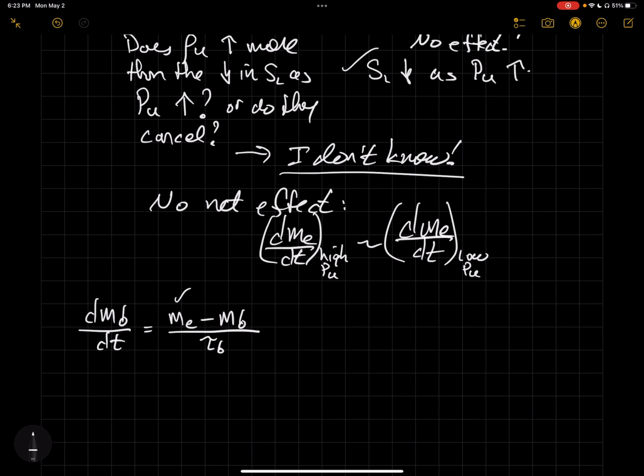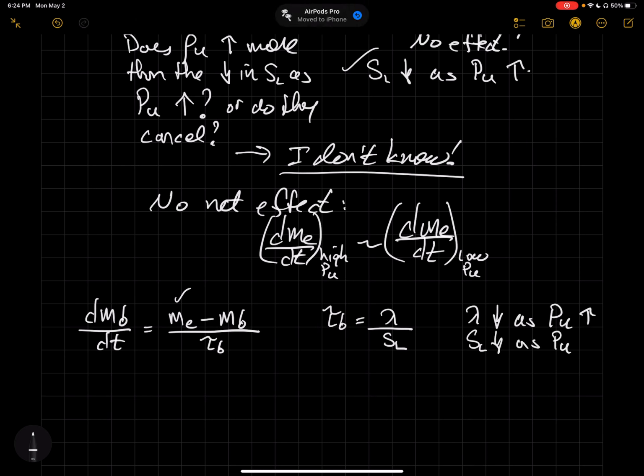So that's largely unaffected by the increase in pressure. And the burned mass just depends on what that burn rate is. So we can take a look at tau_b, where tau_b is lambda divided by the laminar flame speed. And again, lambda is going to decrease as the unburned gas pressure increases. But remember that the laminar flame speed also decreases as the gas pressure increases.